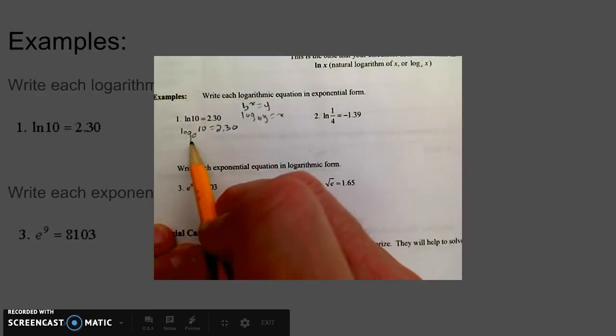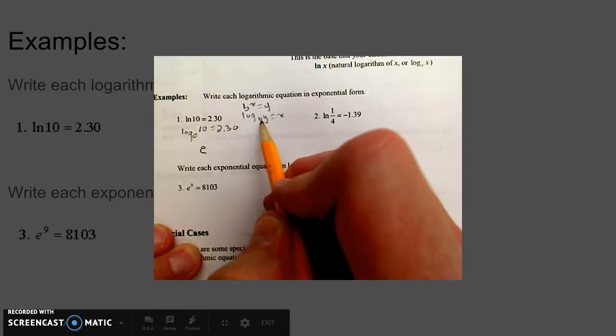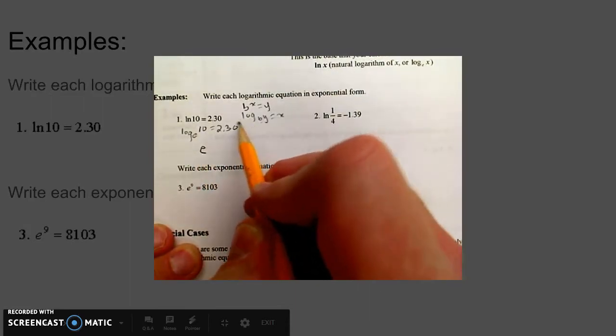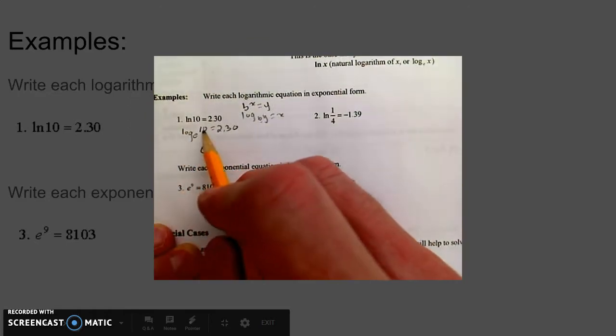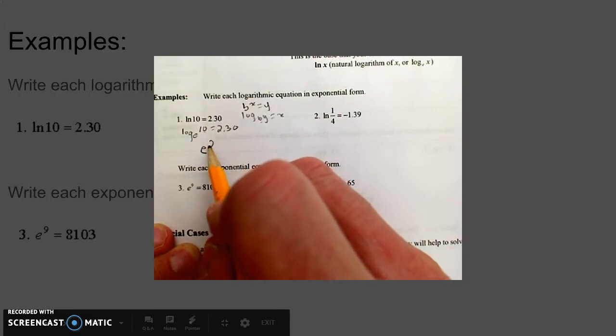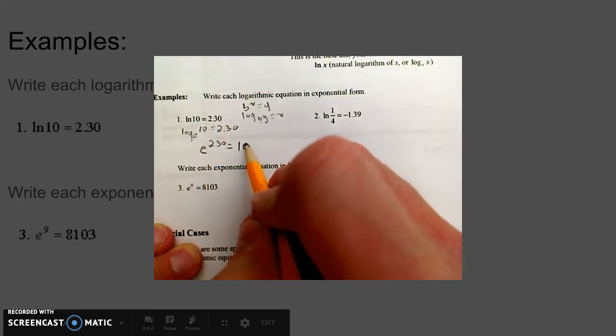So e is our base, log base b of y equals x, so e to the 2.3, the log is the exponent, equals 10.